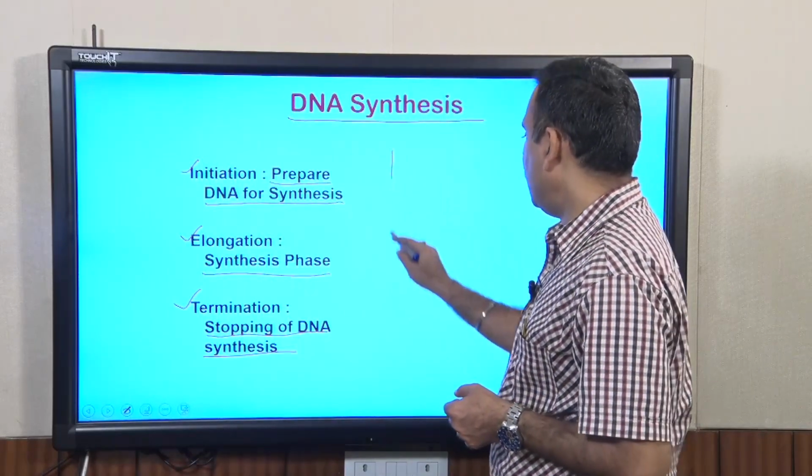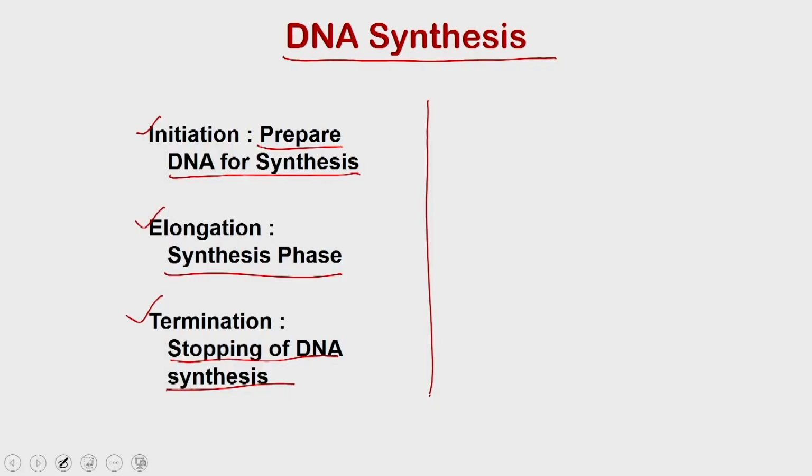Now, if I want to do all these reactions under an artificial situation or an in vitro system, if you see the initial stage, we are making the single stranded DNA, we are making a single stranded template.